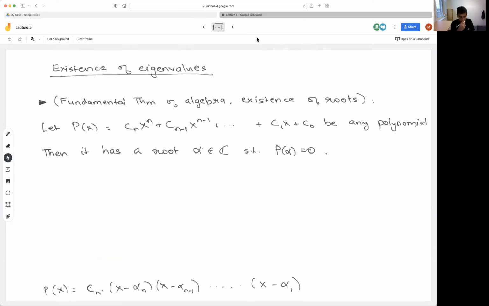Okay. To prove that there exists at least one eigenvalue, we'll need to use some algebra. Again, there are a couple of different proofs of this fact. For matrices, sometimes you talk about determinants, etc. Here we're talking of general linear transformations. So we'll use a proof which is a bit different.